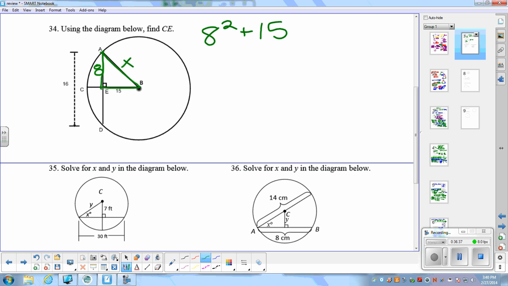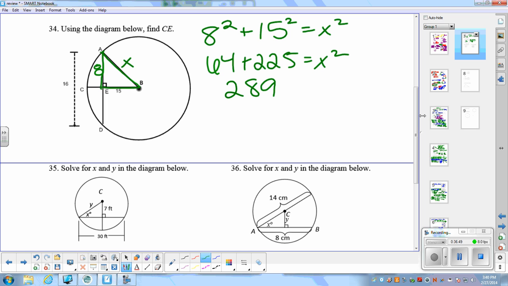So I have 8² + 15² = x². 64 + 225 = x². So this is 289 = x². If I square root both sides, x is 17. So now my radius is 17.